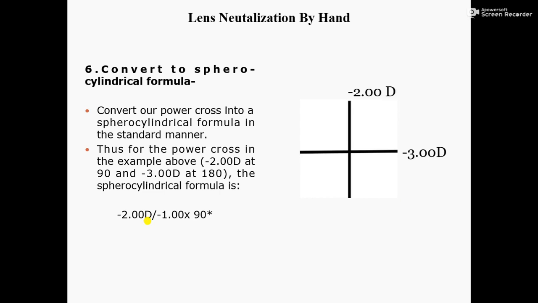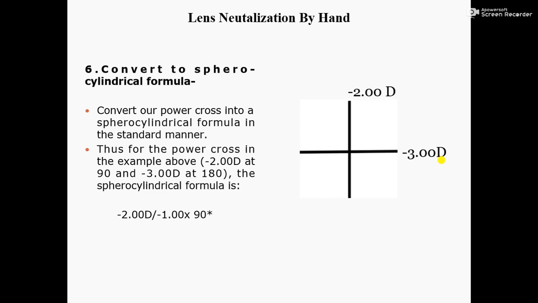After that we will take the difference value of both meridians. Difference value means between minus 2 diopter and minus 3 diopter. We will take the difference value, that is 1 diopter. How?